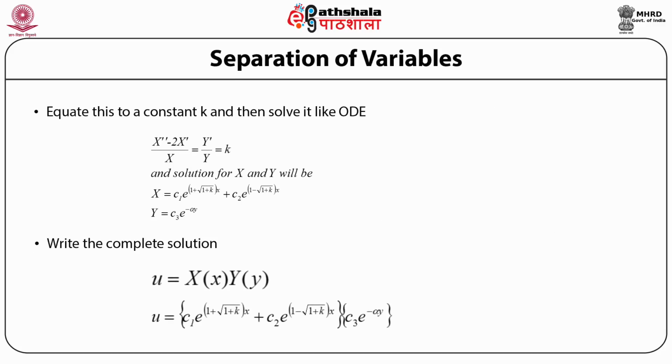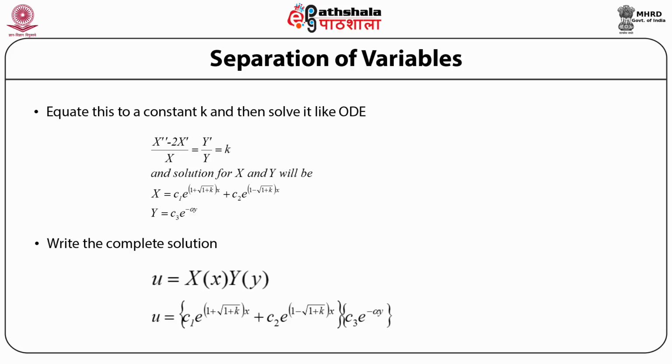Separation of variables. Once we have separated the two equations, we can say that this ratio is equal to k. k can be any number. k can be 0 or 2, but it cannot be a function of anything else. It's just a proportionality constant.